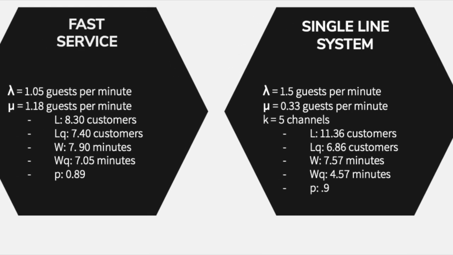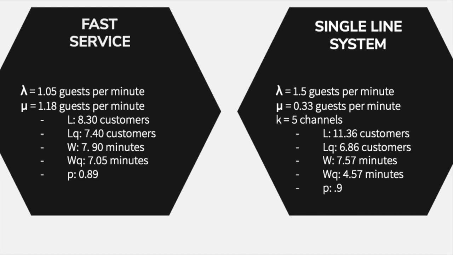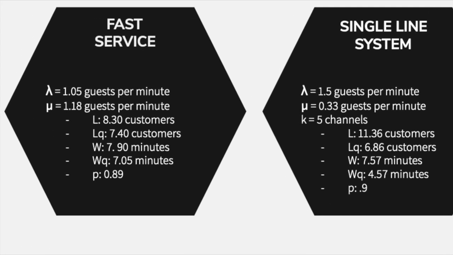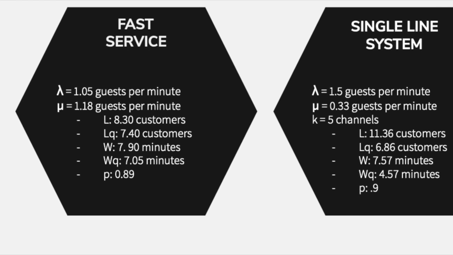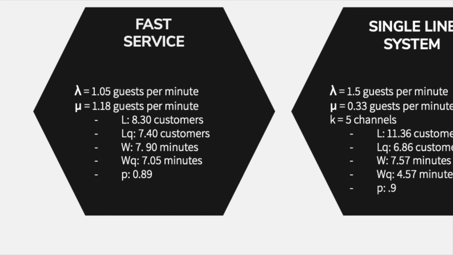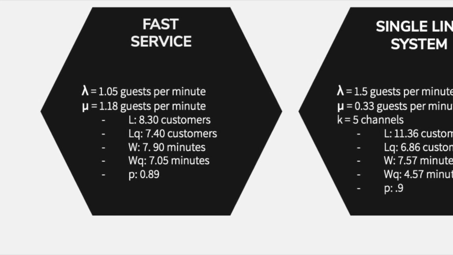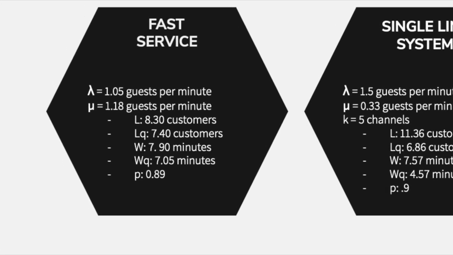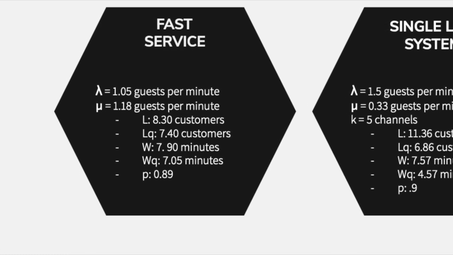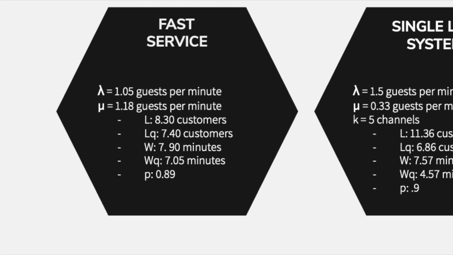The last alternative is the fast service. In this one, we'll have an arrival rate of 1.5 guests per minute and a service rate of 1.18 guests per minute, and in the whole system we'll have 8.30 customers with a waiting time in the whole system of 7.90 minutes.